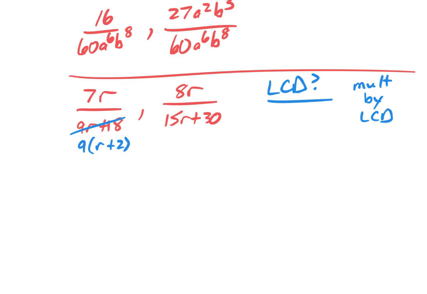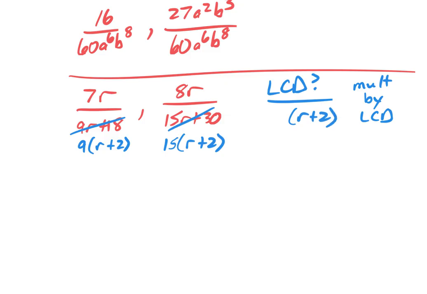When we do the second one, what can we take out of both 15 and 30? 15. So we're going to take a 15 out. And when I take a 15 out, then we're left with r plus 2. Okay, what do we notice the two denominators both have? R plus 2, okay? So that's definitely got to be part of our LCD.